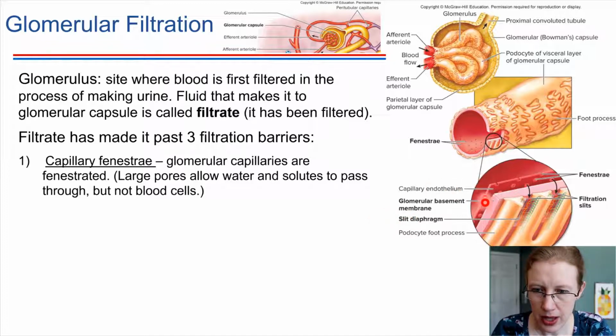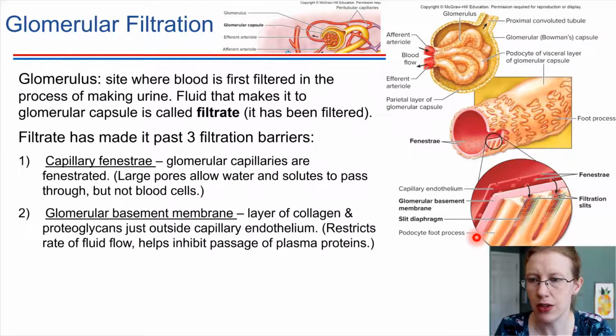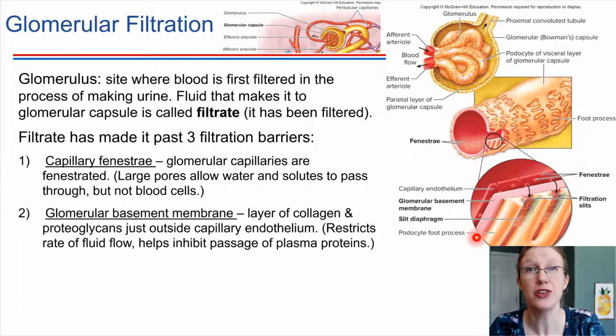Next layer we have is the glomerular basement membrane. This is made of a lot of connective tissue, lots of collagen is present here. And this layer really helps to restrict the rate of fluid flow. We don't want the blood to be flowing too fast. Filtration has to happen at a set speed. It can't be too fast or it might not do a good job.